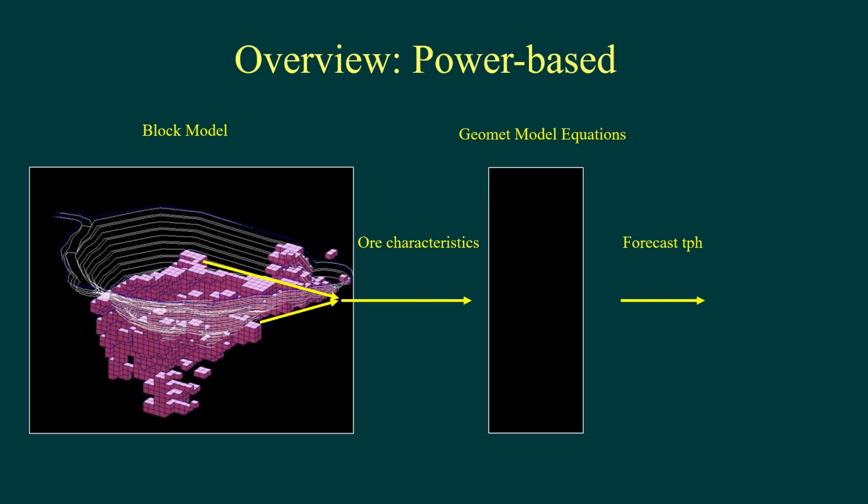Each of these blocks will have all characterization information, and that information needs then to be combined in some way and then fed to our geomet model equations, and those equations are designed, or should be designed, to provide a forecast, and typically the forecast we are looking for is the throughput of the comminution circuit.